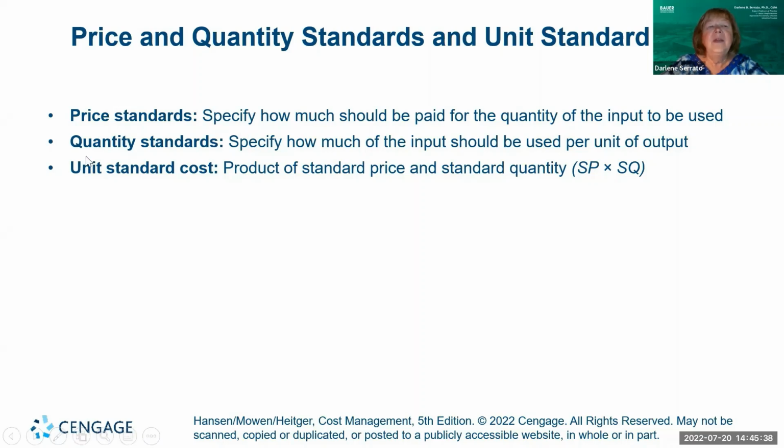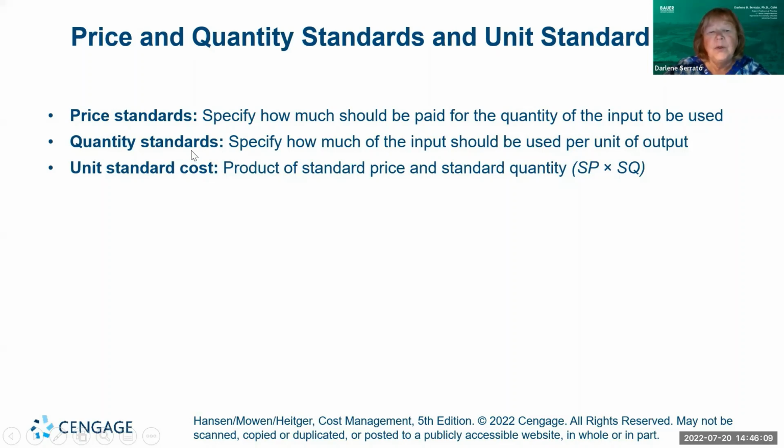The other standard is a quantity standard. I refer to it as a usage standard. So if we were talking about direct labor hours, what portion of a direct labor hour does it take to make 1 shirt? For materials, how much of the fabric does it take to make 1 shirt?